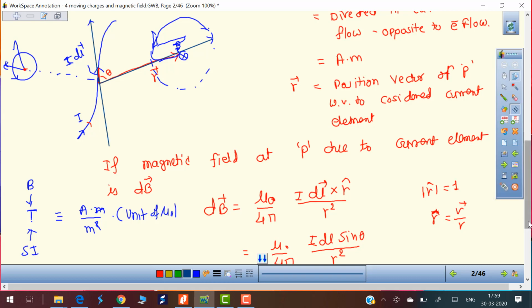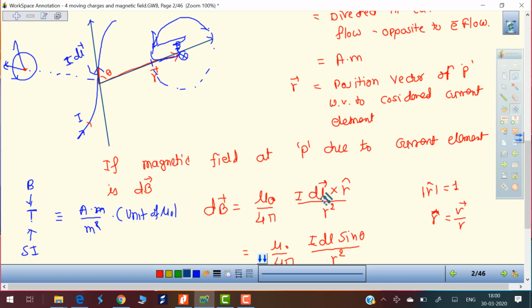There is a similarity between Coulomb's law and the Biot-Savart law. Also, there is a difference, something I already told you. In Coulomb's law, the electric field is due to charge, which is a scalar quantity, meaning the origin of the electric field is scalar, and the origin of the magnetic field is a vector, because Idl is a vector.